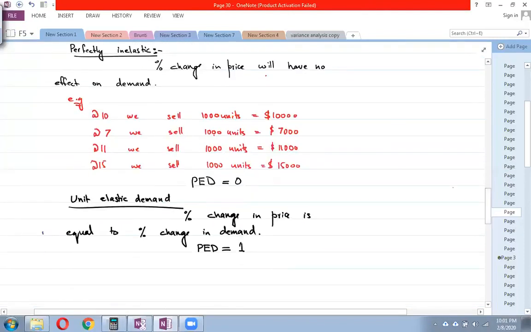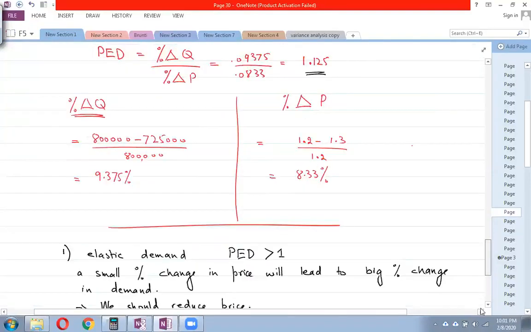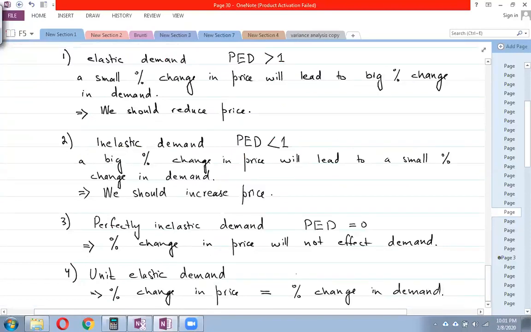And then unit elastic, it will be equal. The change in the price will be equal to change in the demand, and the price elasticity of demand will be equal to 1. We can write PED will be equal to 1. So price elasticity of demand will actually help you a lot to take the pricing decision.